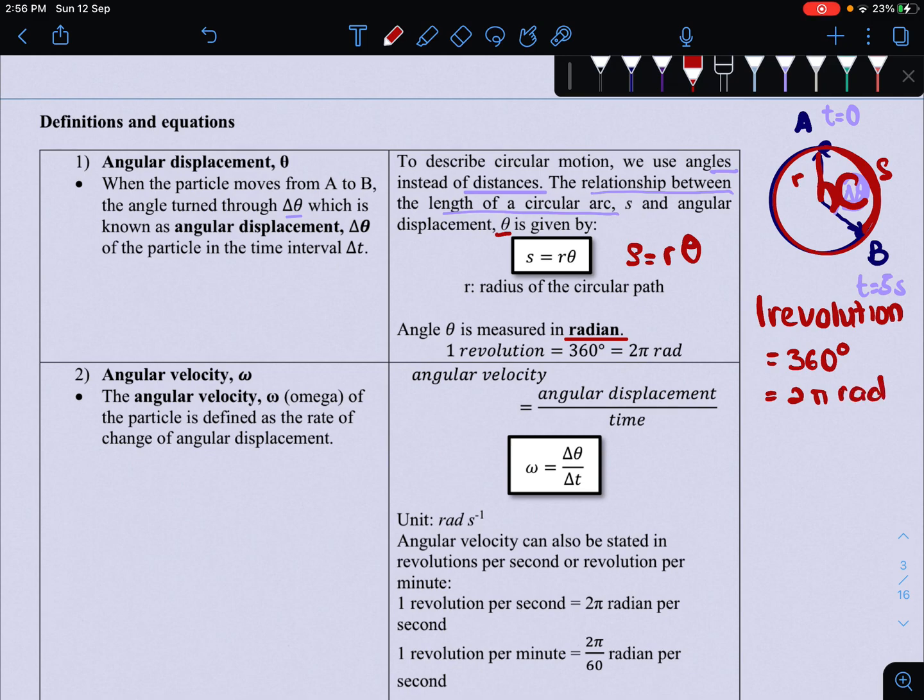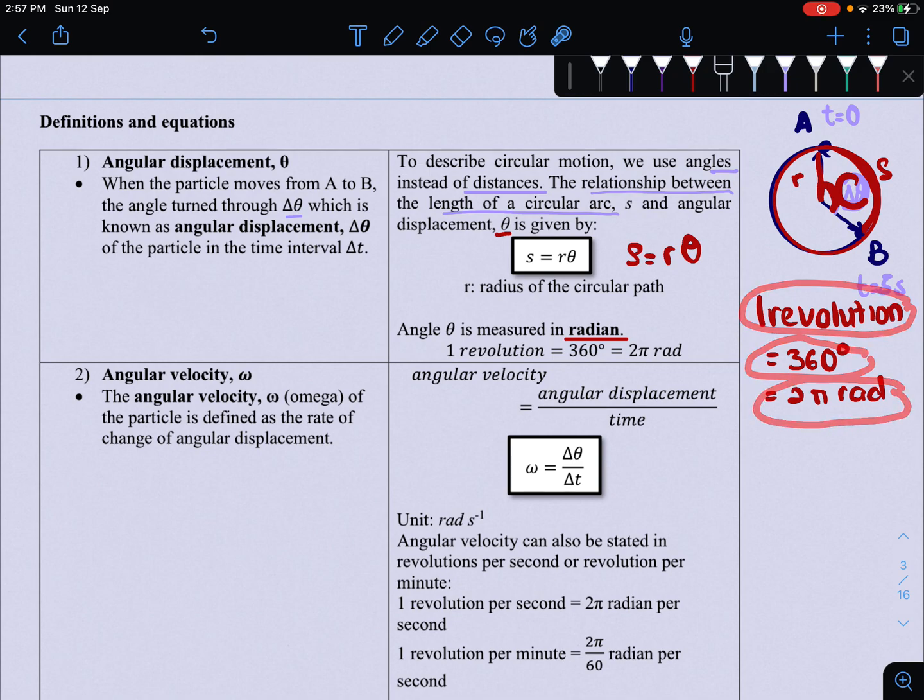If the object were to move in a semicircle, we have covered a distance of pi radian. Pi radian here is 180 degrees. So when you complete a circle here, you have completed 2 pi, which is 360 degrees. Okay, this is the relationship between one complete cycle, or what we call one revolution, with the degree or with the term radian.